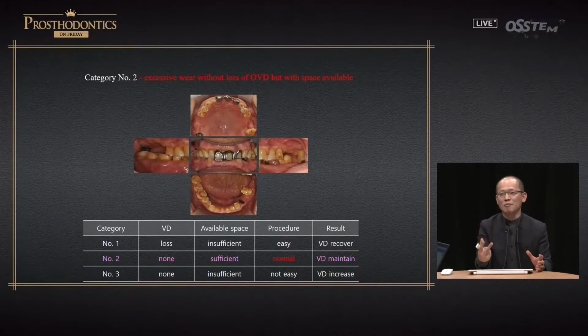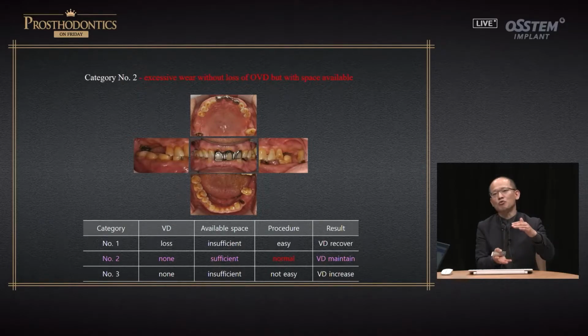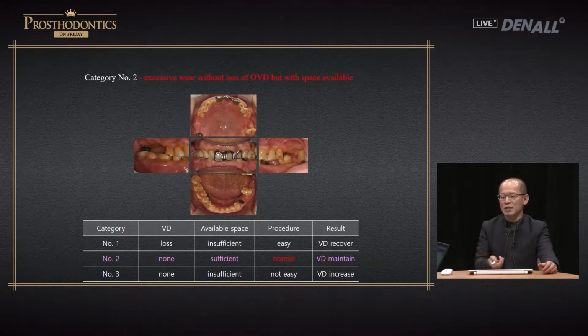On the aesthetic zone, if there's a demand, then a slight increase would do. So again, from the VD side, maintain. But aesthetically, in the criteria I talked about, the anterior height might be lower. But anyway, restoration would be possible. So number 2 is a bit trickier than number 1, but the patient's compliance is still easy.